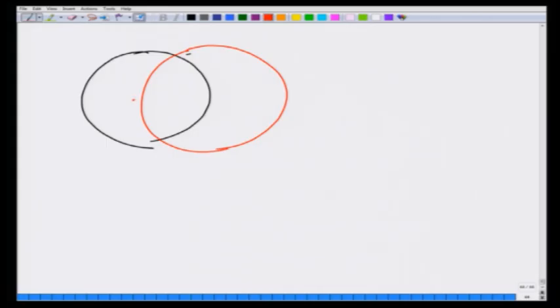Positive charge at this distance r gives me a field which is going like this, radially out. If I look at the negative charge, it gives me a field like this towards the center, because it is a negative charge, at any point. So, let me make this picture again.